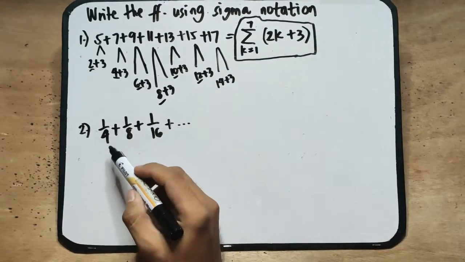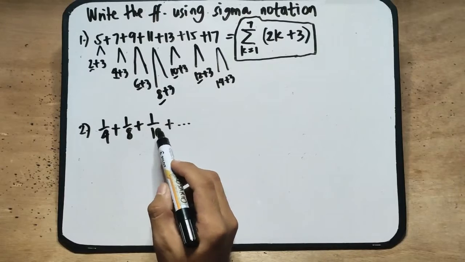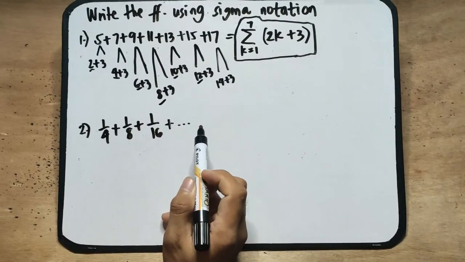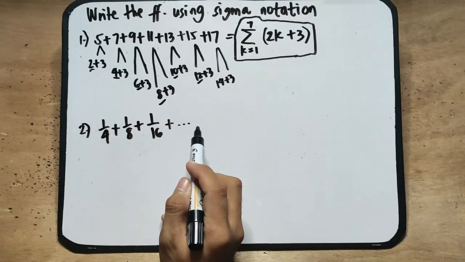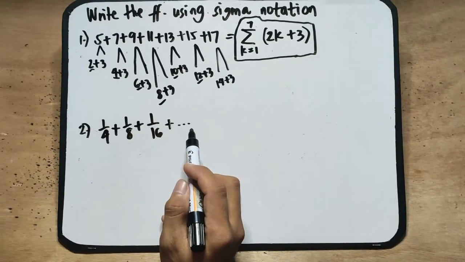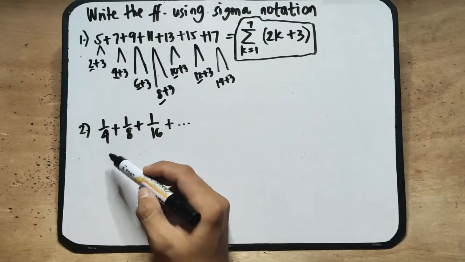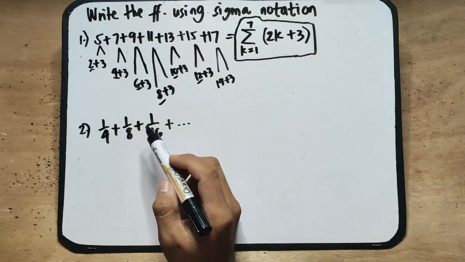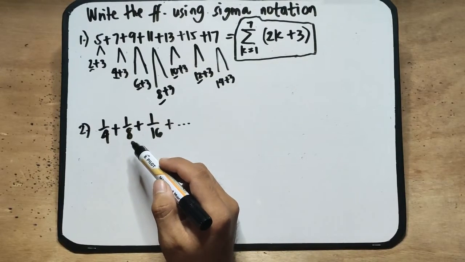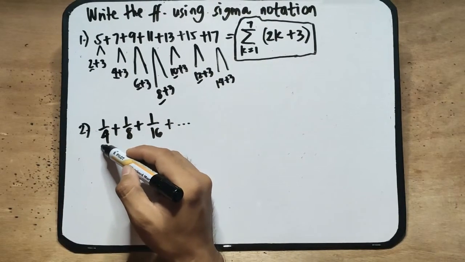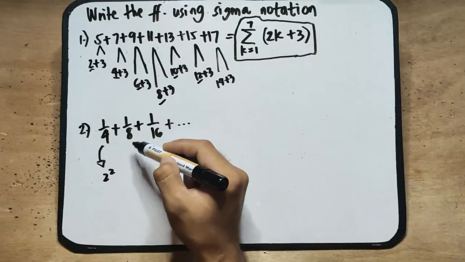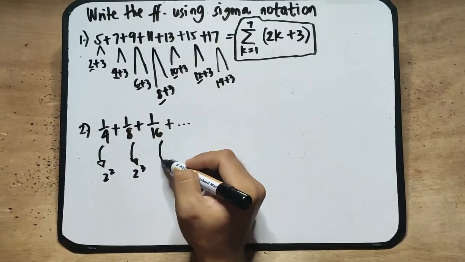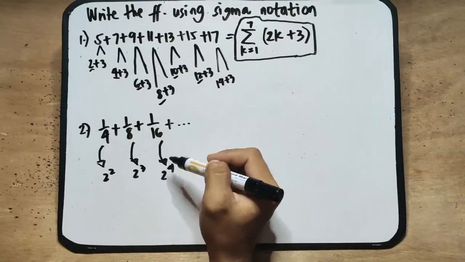So, for the second item, we have 1/4 plus 1/8 plus 1 all over 16 up to infinity. So, ibig sabihin, walang specific value yung ating upper limit. So, observing, nakita natin na yung mga denominators ay squares or powers siya ni 2. So, si 4 ay 2 squared, si 8 ay 2 cubed, at si 16 ay 2 raised to 4.